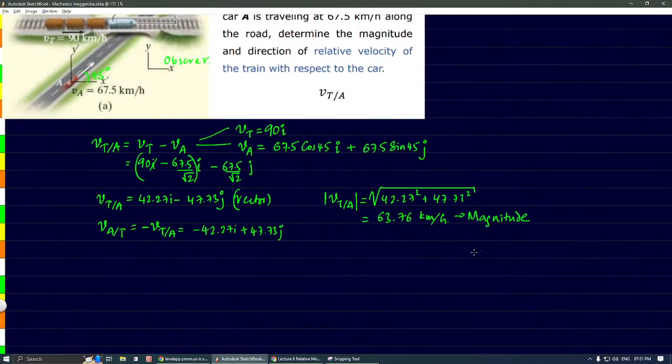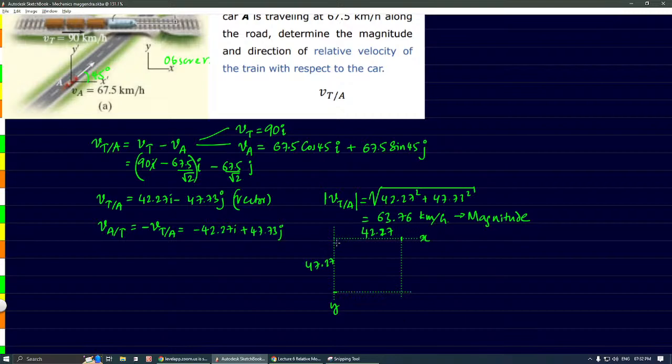If you want to show the direction graphically, then we have to use references, the x axis and then the y axis, right? Now the x axis is positive 42.27, and the y axis is negative, so it is downwards, 47.73.